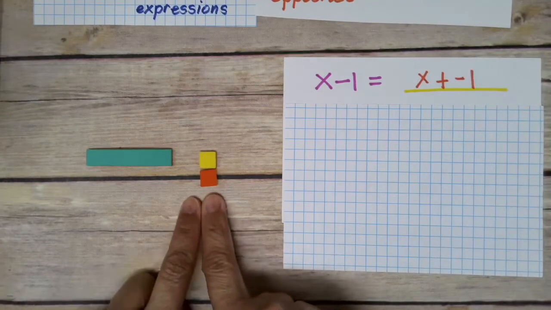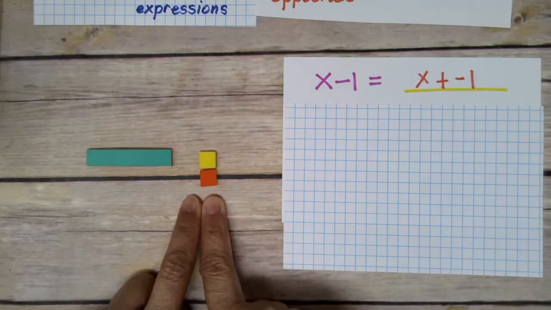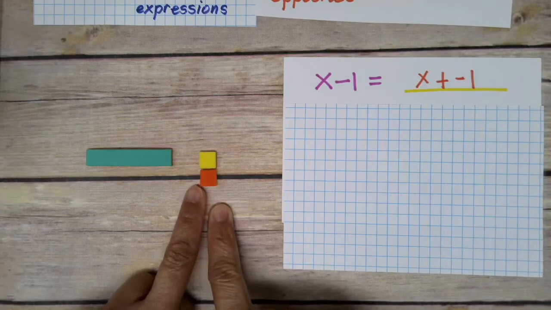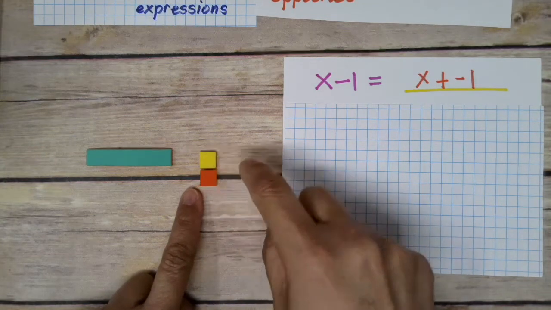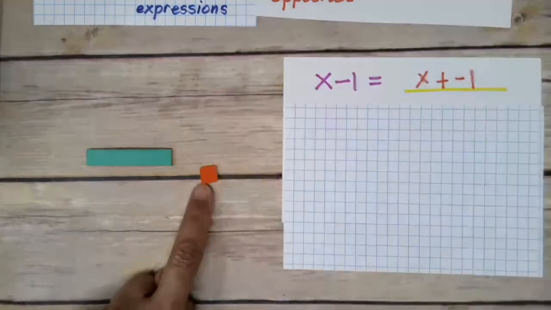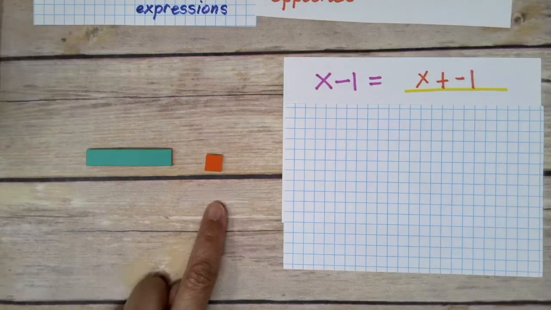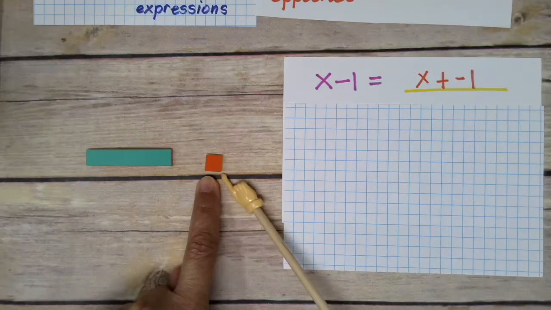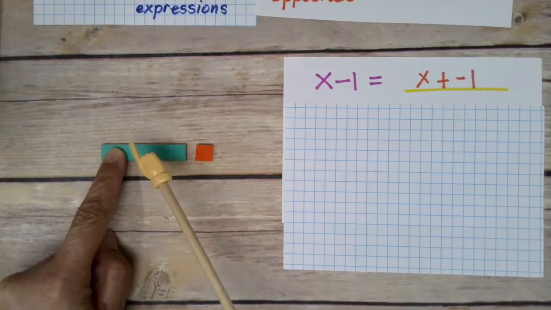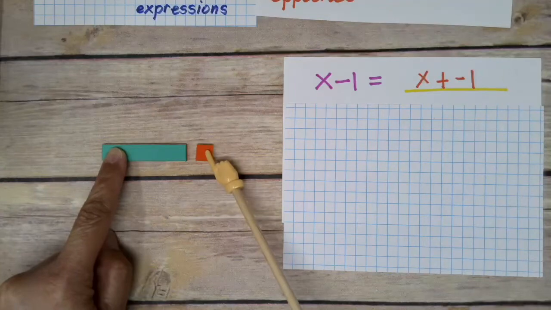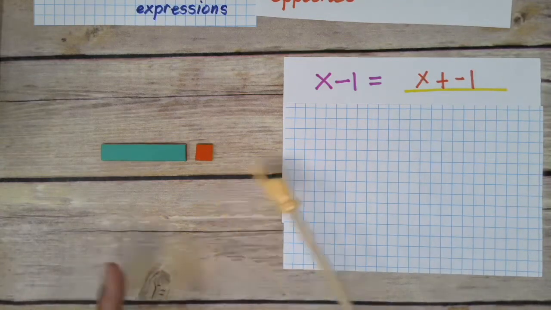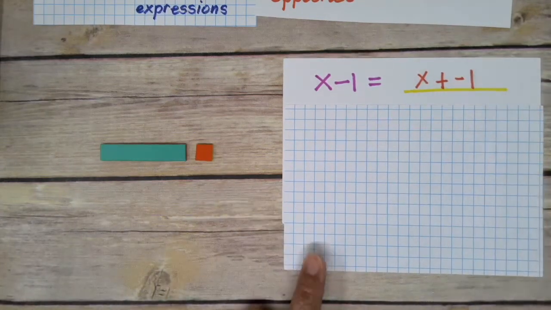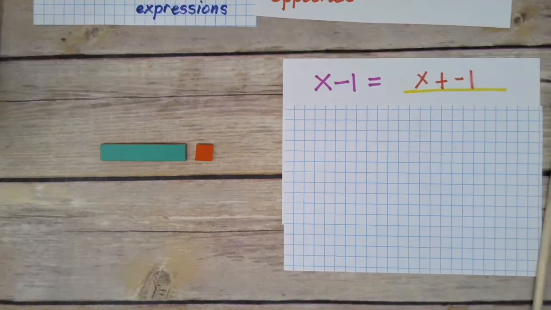Now with the zero pair, we can take away the positive 1, which is the yellow tile, and what is left is just this orange tile, which represents negative 1, and this is x plus negative 1. So that shows that x minus 1 is equivalent to x plus negative 1.